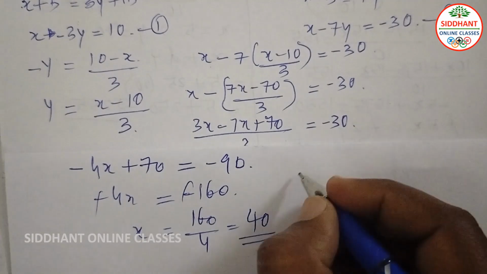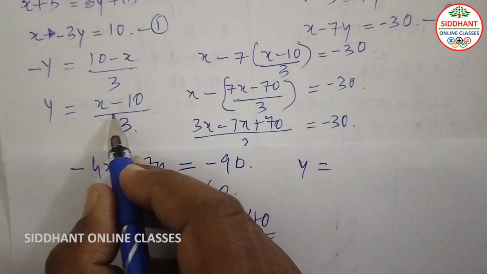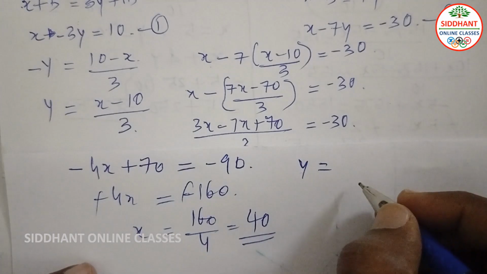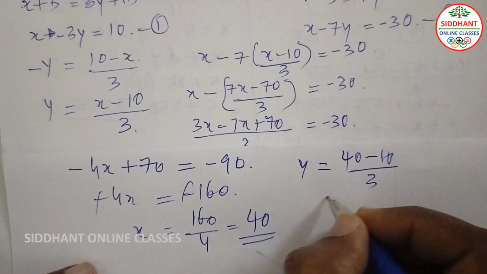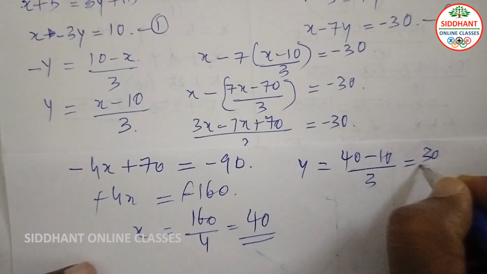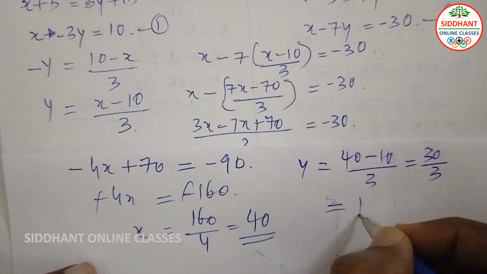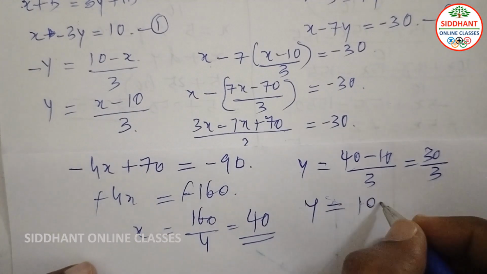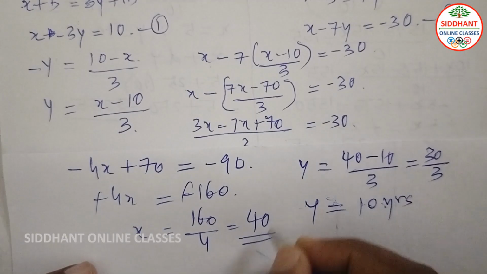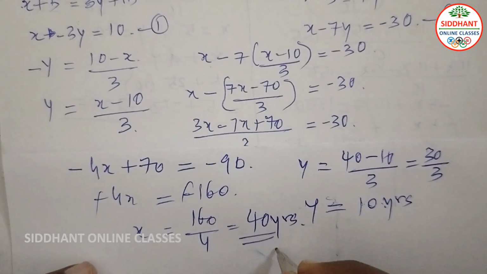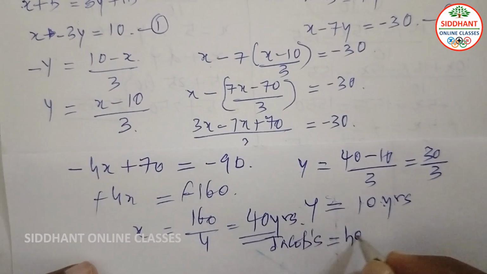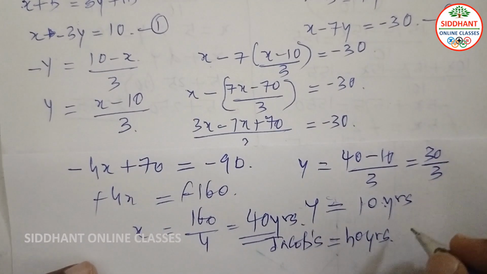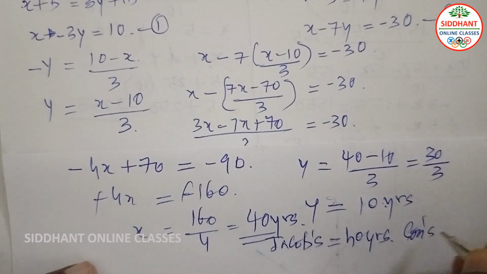Now we are going to find the y value. So y value we know, that is x minus 10 by 3, that means 40 minus 10 by 3, so that will become 30 by 3, which will become 10 here. So y equal to 10 years, x is 40 years. So this will become Jacob age is 40 years and son's age is 10 years here.